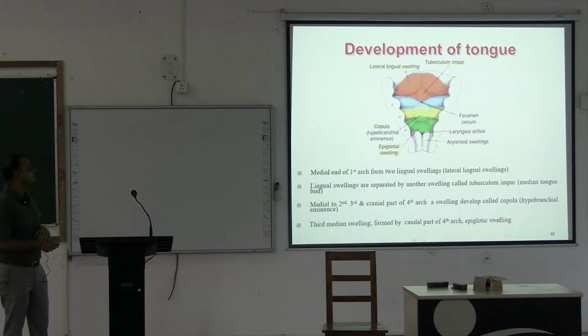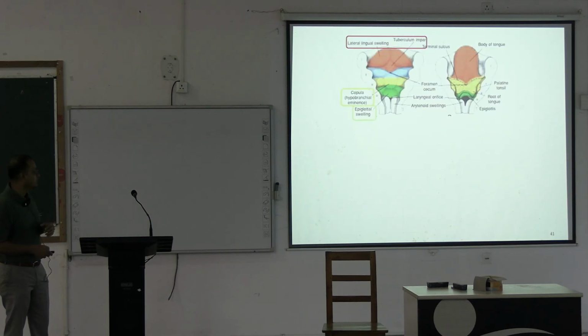Apart from that, the tongue's anterior 2/3 develops from the merging of these three swellings, and the posterior third of the tongue develops from the hypobranchial eminence, and the posteriormost part develops from the epiglottal swelling. So these together transform into the tongue.